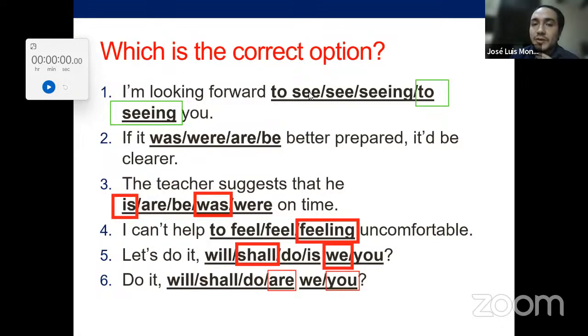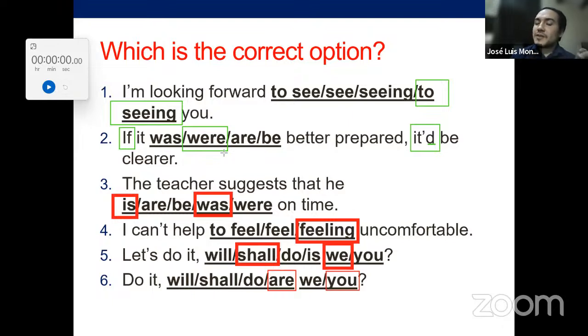And also, how can you recognize that you need to use the subjunctive when you have conditionals? All right, if you have conditionals and you have would in the next part, it means that this is a past and unreal conditional. Okay, and in past and unreal conditionals, you have to use the subjunctive were or the main verb in the simple past. All right, so that's number two.